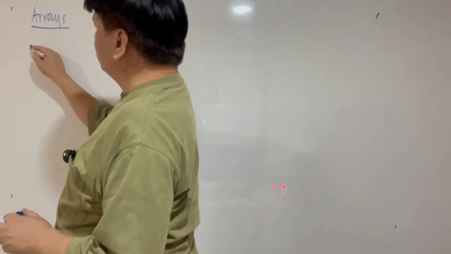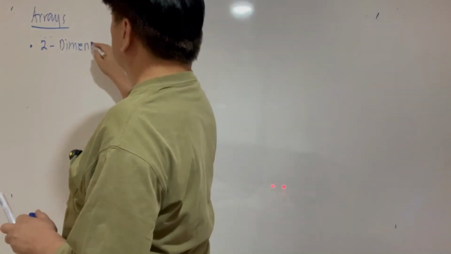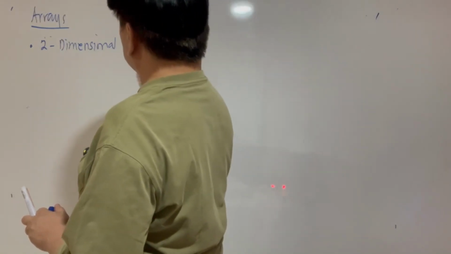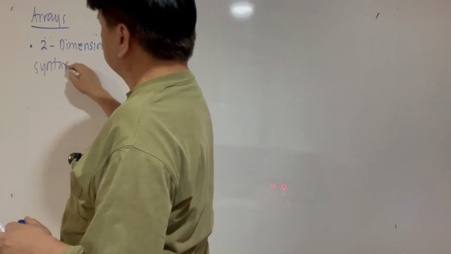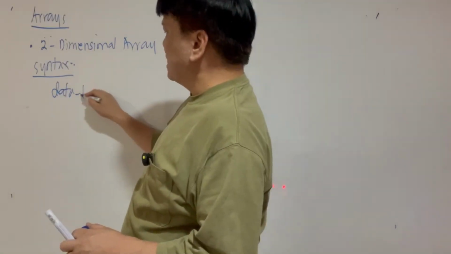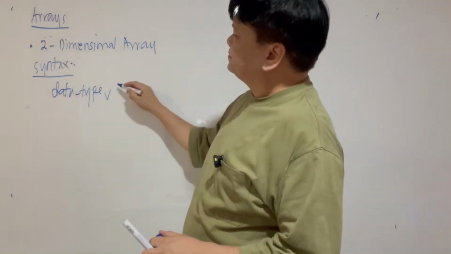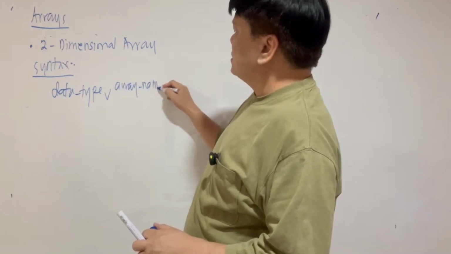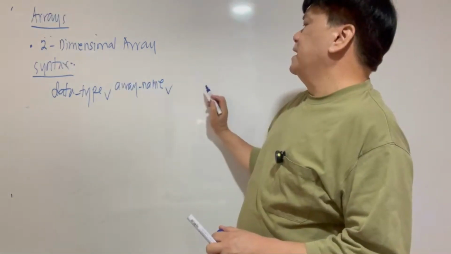Let's move on to two-dimensional array. Syntax. Again, you start with the data type, space, the array name. You can think of any identifier for your array name.